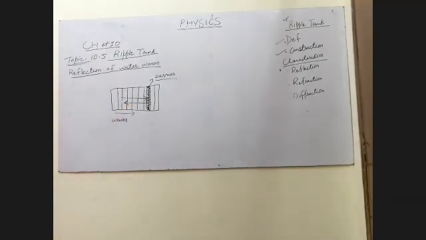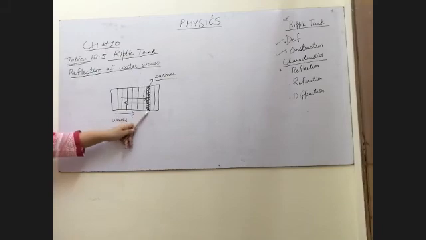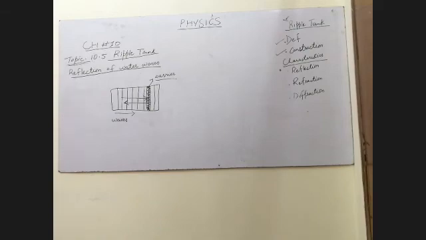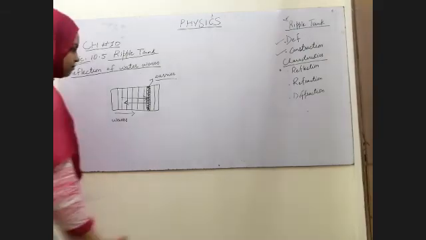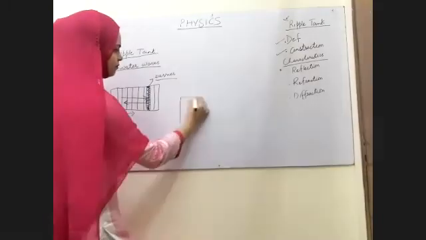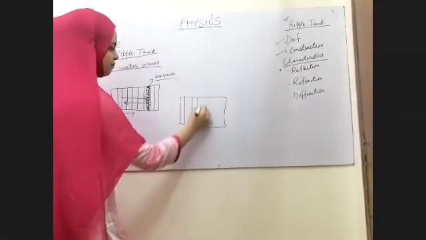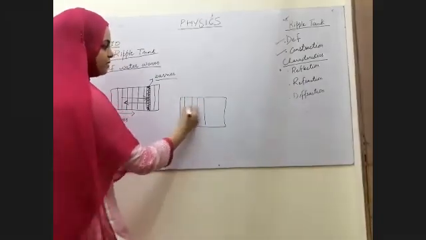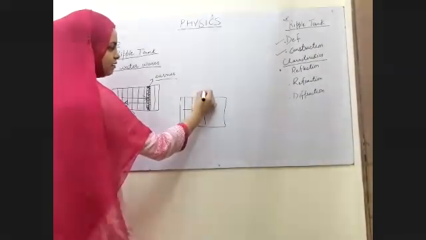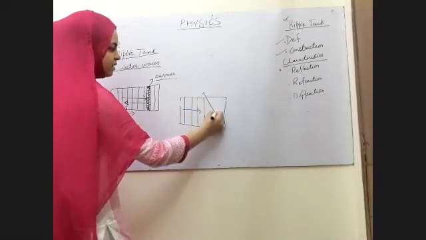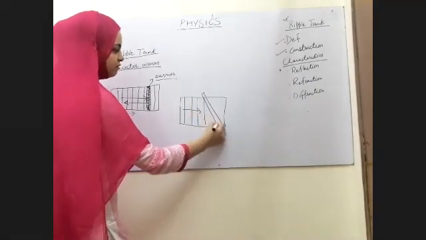Now, what will happen if we place this barrier at some angle? These are the water waves coming and we have placed the barrier at some angle.